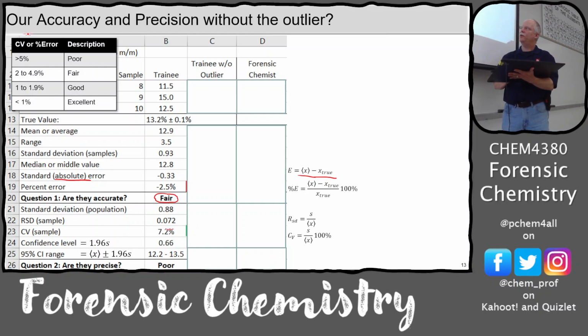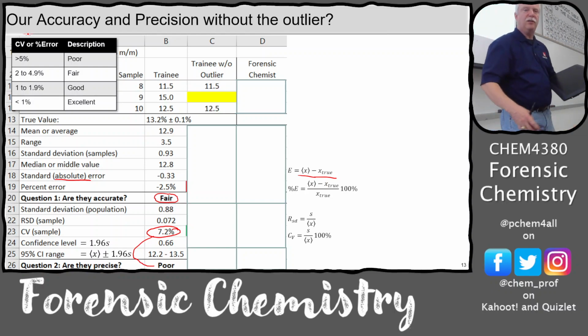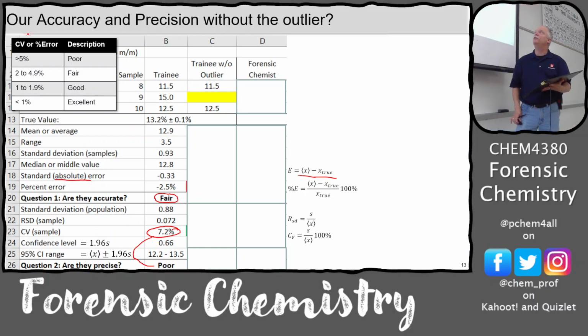I would say with a 7.2% CV, that no, it's not very precise. It's poor precision. This contains my true value, so it's fair. Am I coming in biased low? But it's fair accuracy. Let's now look at the trainee. So we took out that high value of 15, recalculated all of these numbers.